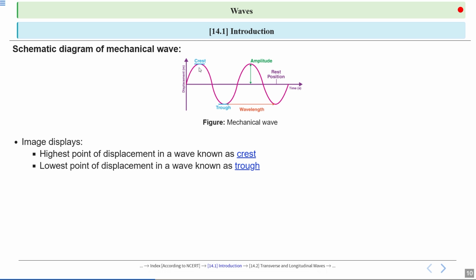Next, look at the lowest point on the wave. This is known as the trough. The trough is where the displacement is at its maximum below the rest position. In a water wave, this would be the lowest dip between two crests.